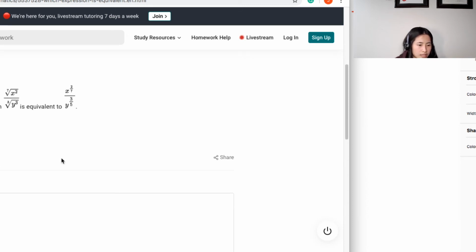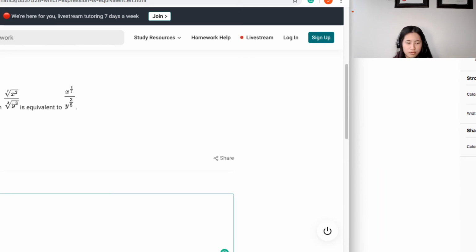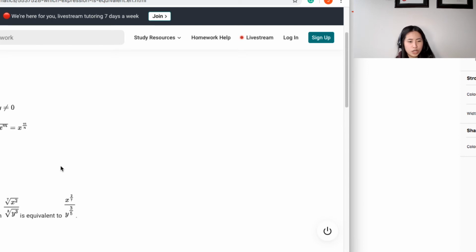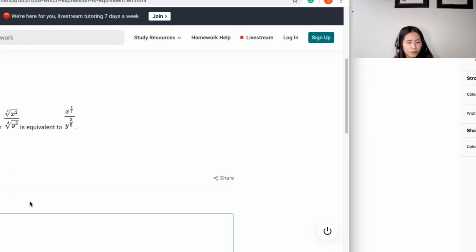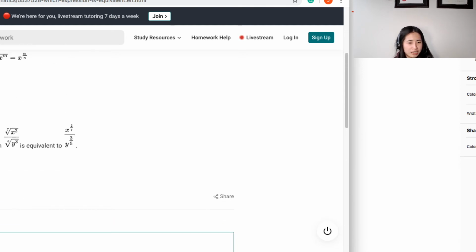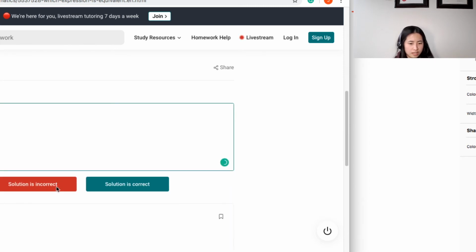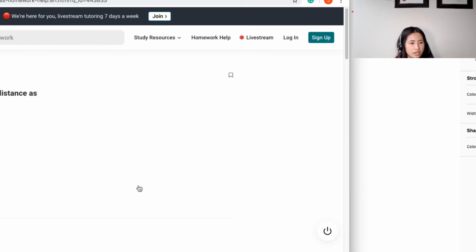Yeah, this is right. This is a perfect solution. The only reason why I like this setup is because it's very straightforward. They didn't try to go in different directions. I appreciate that it's pretty direct and straight to the point. So perfect solution and answer. That's it. Solution is correct.